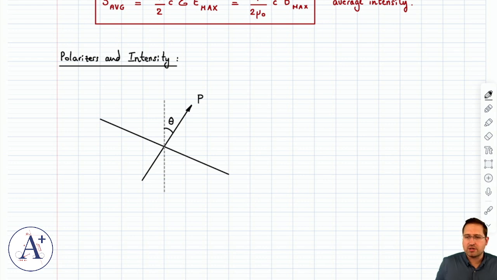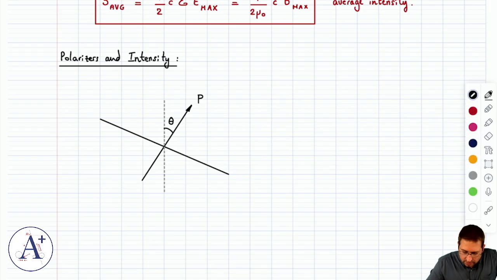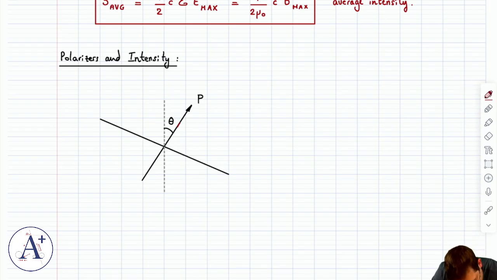It's just some direction, let's say theta from the vertical. And it will accept any light coming in, but it will make sure that the light that comes out only comes out polarized along this direction. So it'll let the electric field come out, but the electric field will then oscillate along the preferred direction of the polarizer.